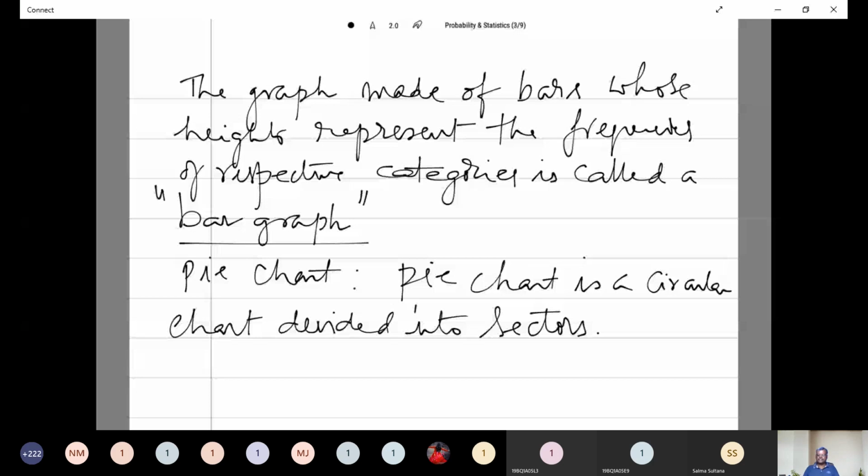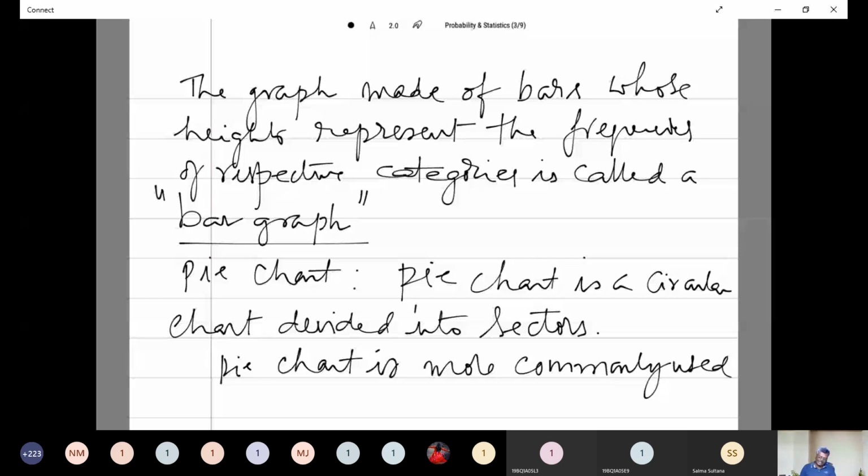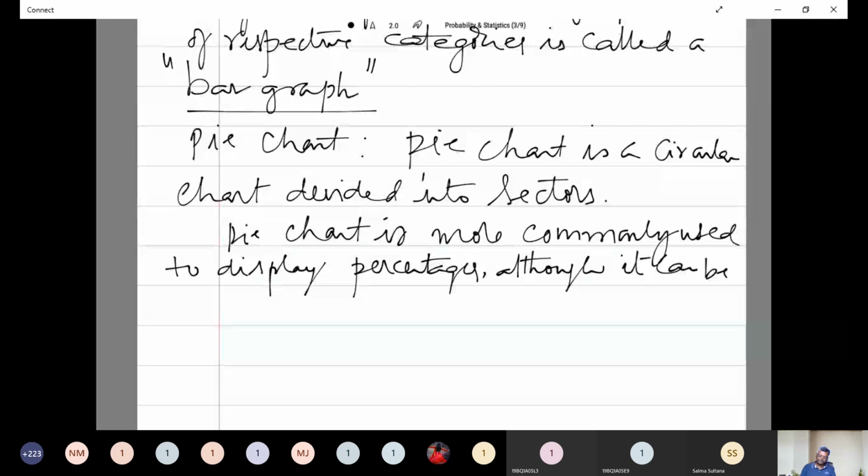Pie chart is more commonly used to display percentages, although it can be used to display frequencies or relative frequencies.